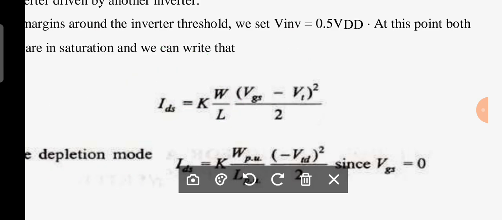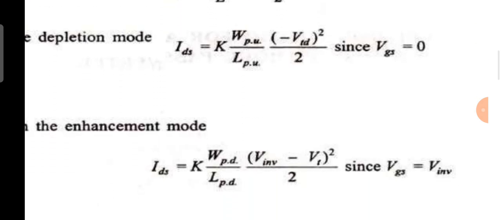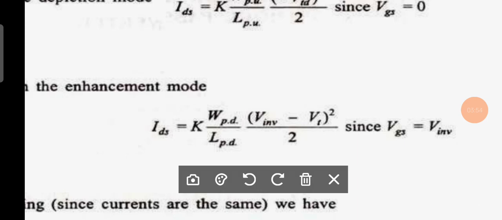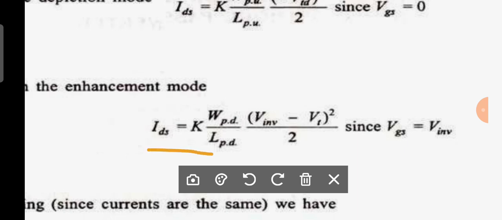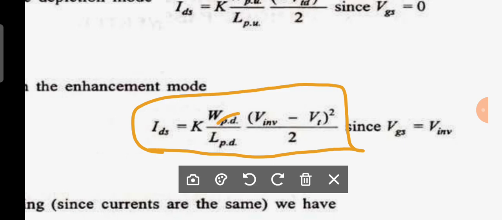Similarly, this is the expression for an enhancement mode transistor. Is it clear, all of you? What is the expression for an enhancement mode transistor? IDS is equal to K into W by L, where the pull-down transistor is the enhancement mode transistor, therefore PD upon PD. VGS, what is VGS now? Don't forget VGS is equal to the inverting voltage.